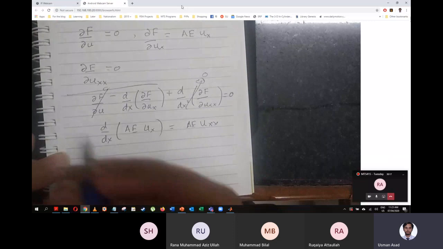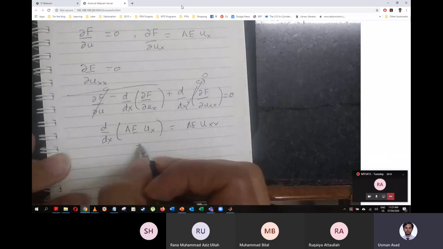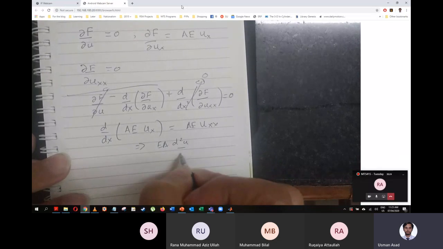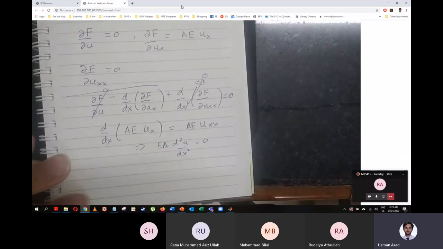एक दफा second derivative ले लिया ना, which means EA d²u/dx² = 0. ठीक है?